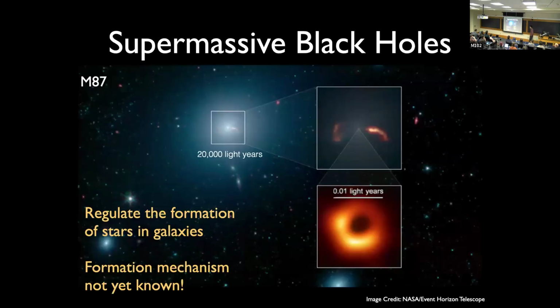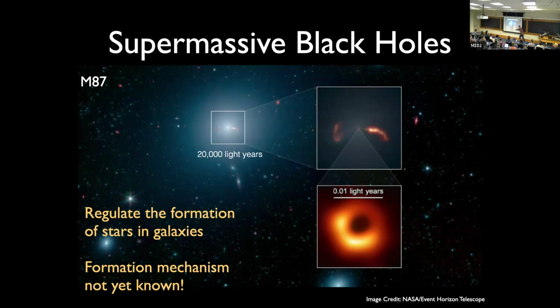Okay, so black holes. Many of you know lots about these, but we've known about black holes for a long time. And this famous picture of the M87 black hole illustrates a couple of interesting things. One, black holes have jets. Those jets can feed back on their environment.